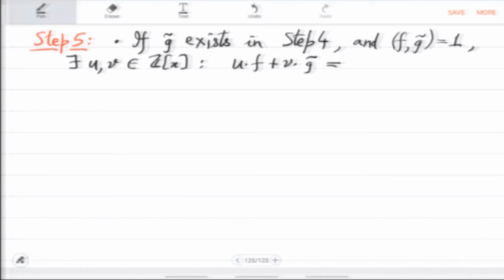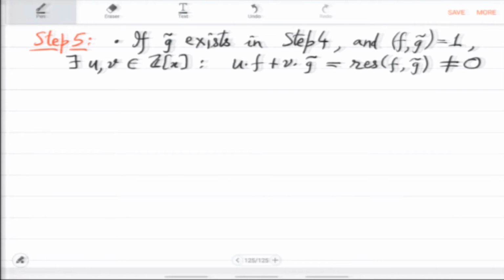If they were rational polynomials, then UF plus VG tilde would have been 1, but since they are integral, it will be the resultant, which is non-zero. Okay, so since f and G tilde you are assuming to be co-prime, the Bezout identity will look like this: UF plus VG tilde equal to this number. Resultant now is a number and it's non-zero.